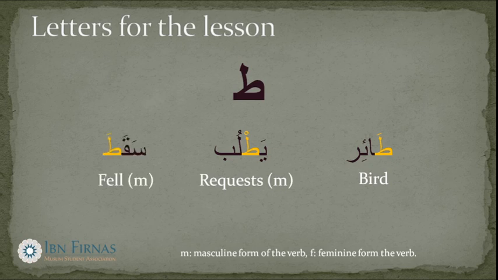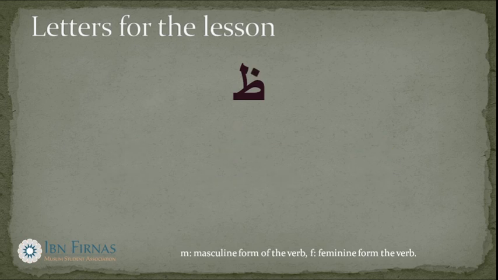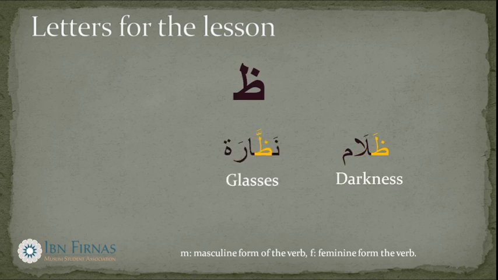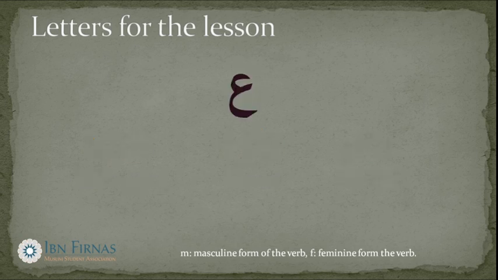And this is سقط, fell, masculine form. And then the ظاء at the beginning, ظلام, darkness, نظارة, glasses, استيقظ, woke up, masculine form.